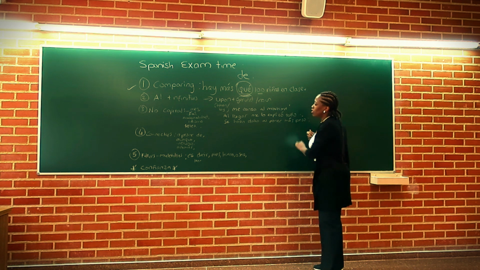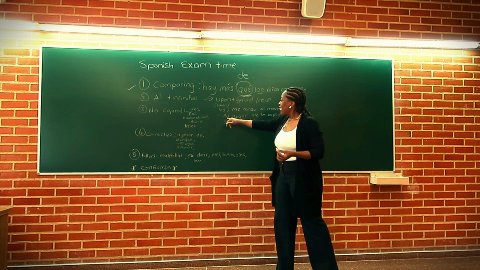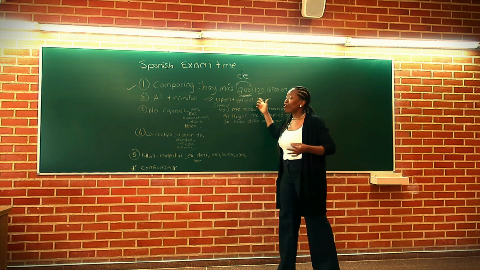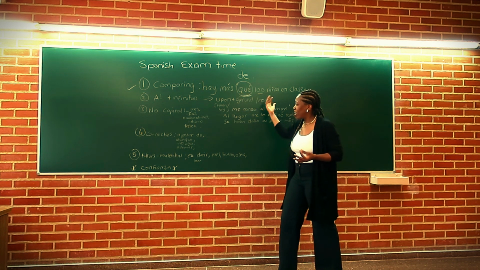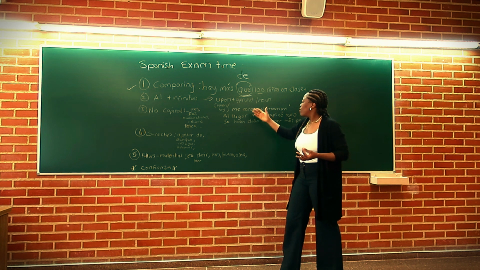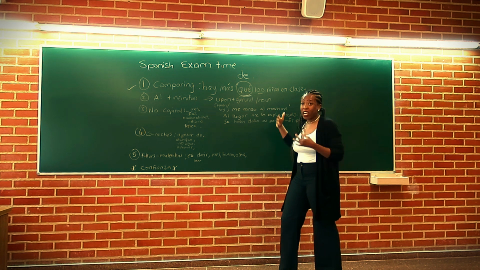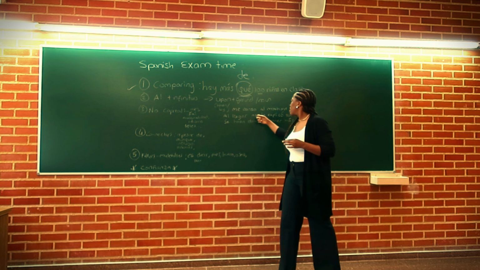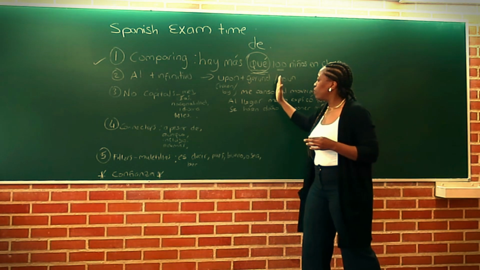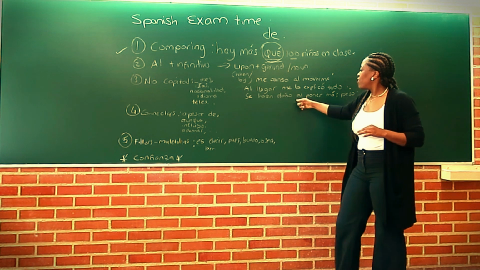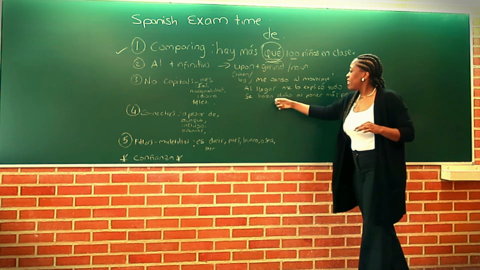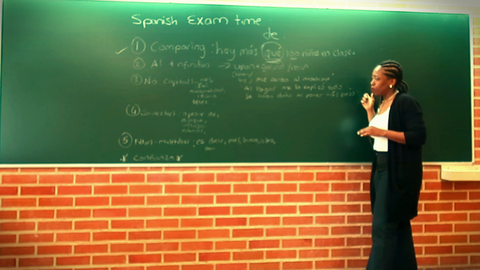Again, al llegar, upon arrival, he explained everything. By or when. When he arrived, he explained everything to me. Or when I arrived, he explained everything to me. Al llegar, me lo explicó todo. Upon arrival, he explained everything to me. The last one: se hace daño al poner más peso.